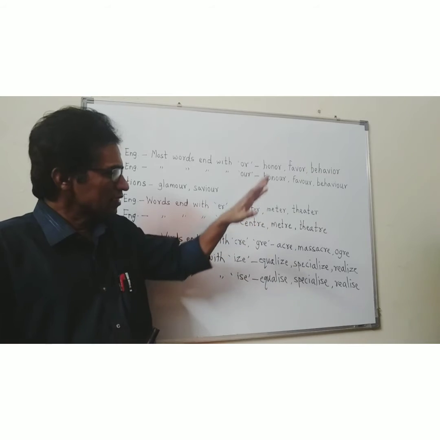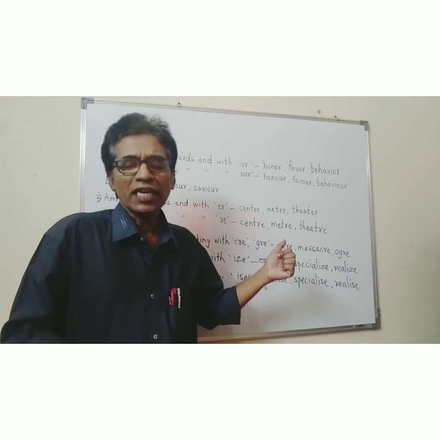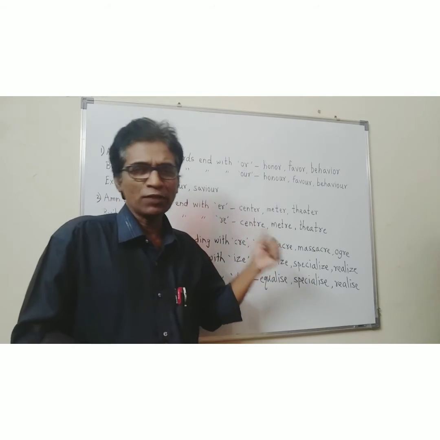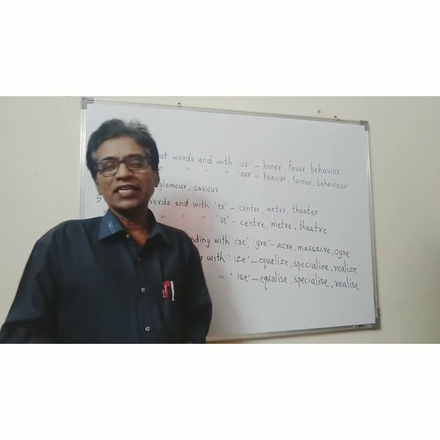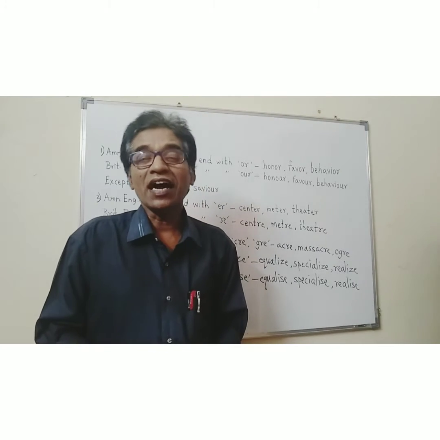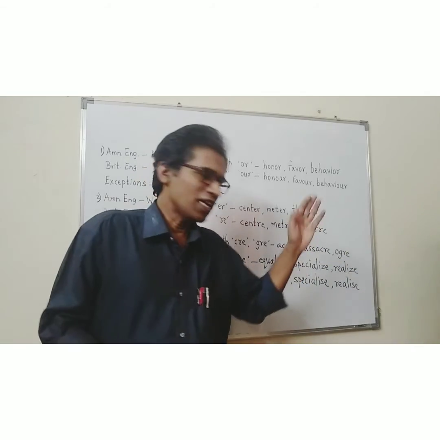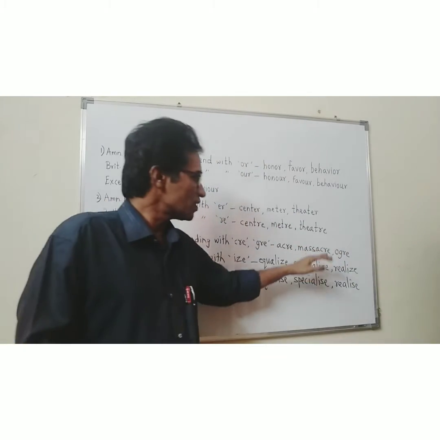They are written with the same spelling in both American English and British English. These are exceptional words, like acre, ACRE. You can't write it ACER in American English. They are the same. Massacre, that is mass killing.